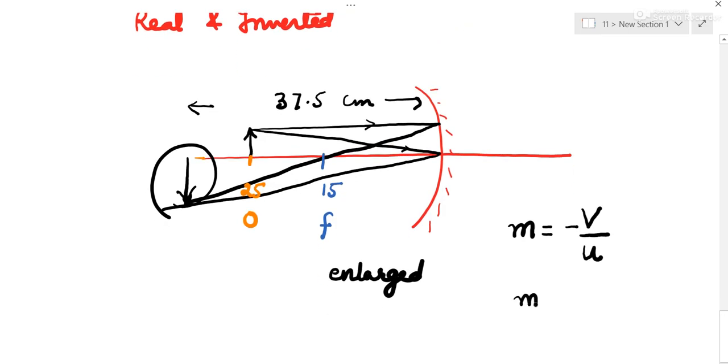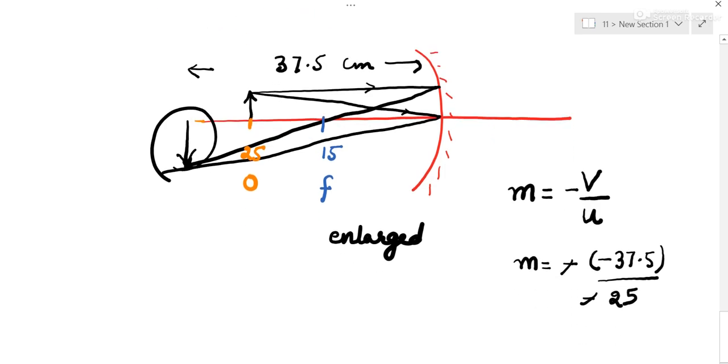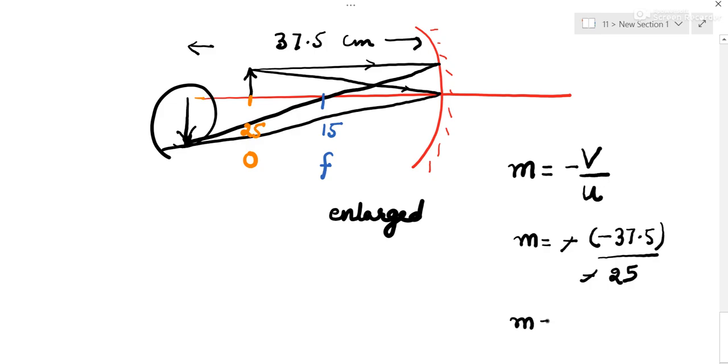So what is V? It is minus 37.5 and U is minus 25. So whatever it comes, you can write that. For example, it will come negative and then 25 ones are 25. It's around 1.6.